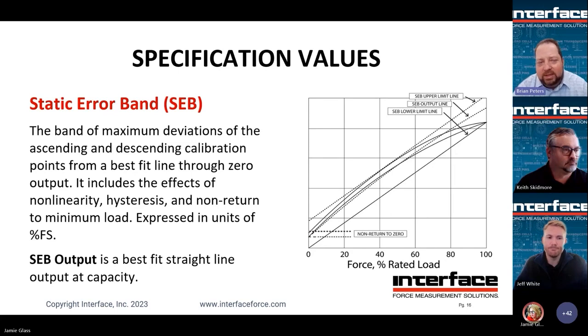And the SEB output is the best fit straight line within that error band. And we specify that SEB output on many of our calibration certificates. So again, if you're looking for an output that takes into account linearity, hysteresis, and non-return to zero, that would be the best output to use from an instrumentation calibration standpoint.